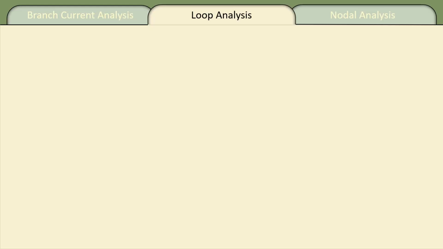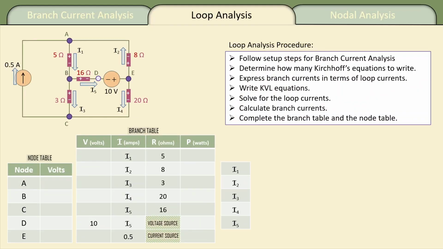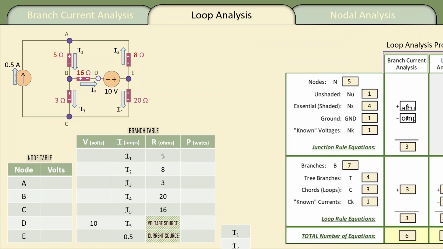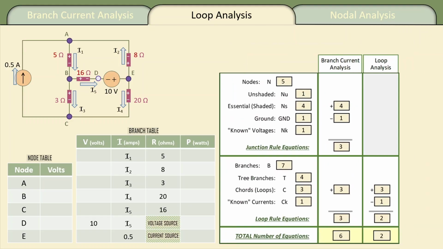On to loop analysis. Now for loop analysis, we actually follow the same setup steps as branch current analysis. Now how many equations do we have to write? We have a side-by-side comparison, branch current analysis and loop analysis, and we'll see that loop analysis is much more efficient.